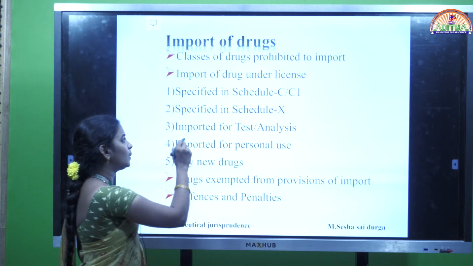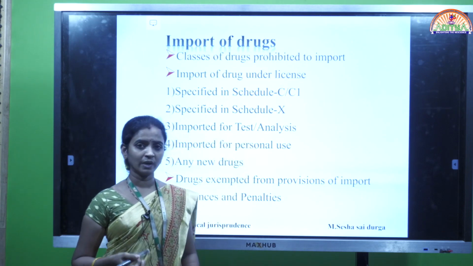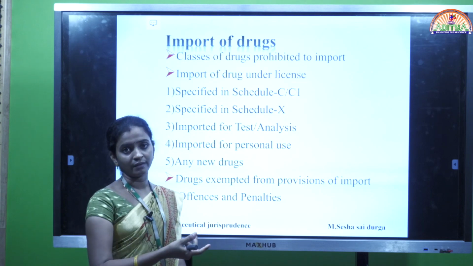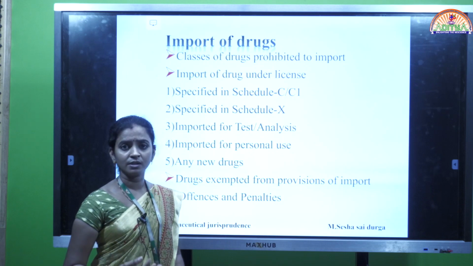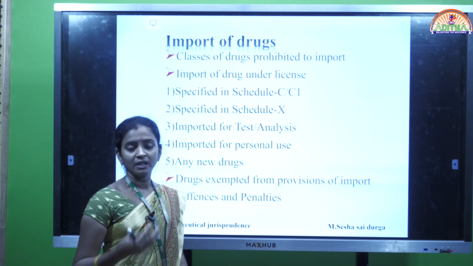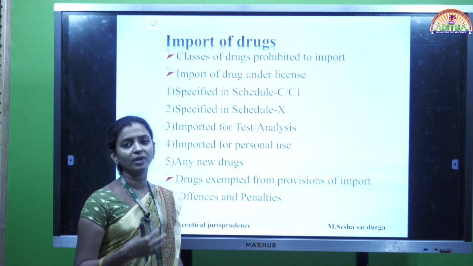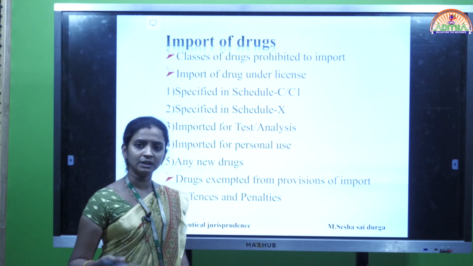And next one, imported for test or analysis. Test or analysis means, for example, a new dosage form manufactured in a foreign country. For its stability studies or further testing, the dosage form or the new drug substance we can import from other foreign countries. In our country, then we can proceed for further tests.